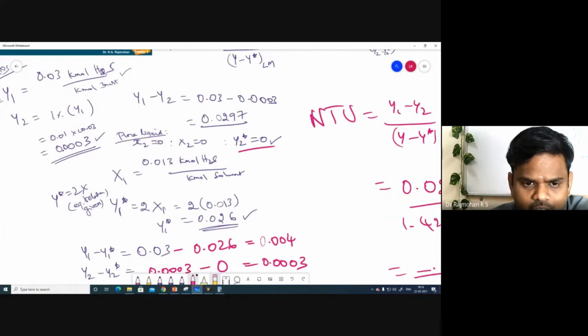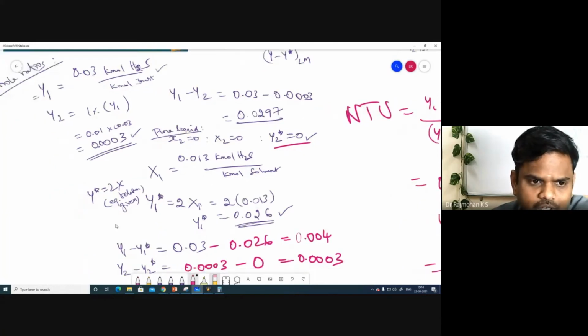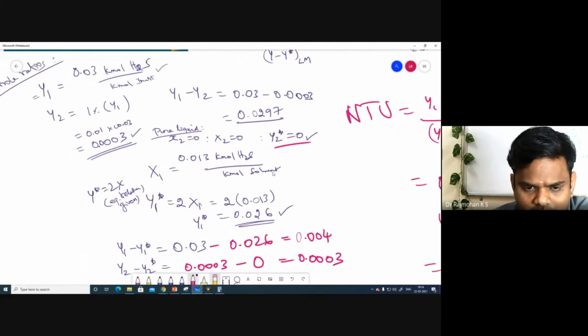It is given that pure liquid is entering, therefore x2 is 0, capital mole ratio 0. Correspondingly, substituting in equilibrium relationship, we get y2 star also 0. Okay, similarly for x1 value, it is directly given 0.013 kilomoles of H2S is present per kilomoles of solvent. So we have used equilibrium relationship y star equal to 2x. So therefore y1 star is equal to 2 times x1 value, we get y1 star.